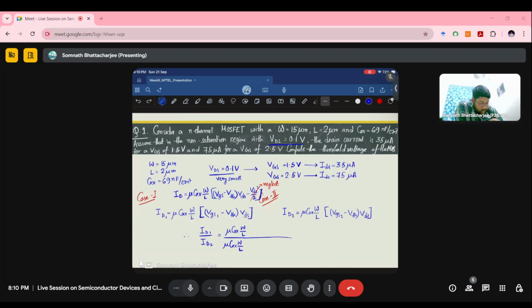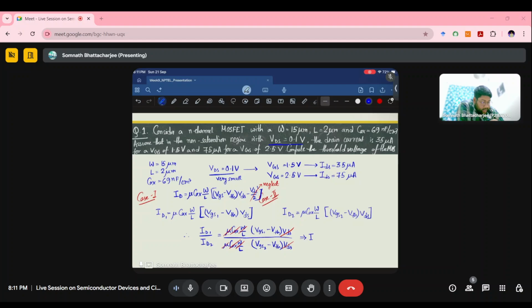What remains is VGS1 minus VTH multiplied by VDS, over VGS2 minus VTH times VDS. We can cancel VDS out, the mobility out, Cox out, and W by L as well. Based on this, we can just write the equation easily.